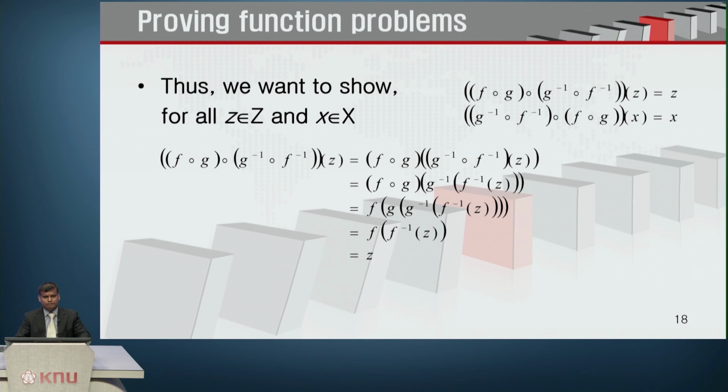With these properties, you can see how the step-by-step activities are going on here. Initially you come up with this composition where you are bringing in f inverse of z, and then you are taking again the composition with g inverse of f inverse, and you know that g and g inverse are gone, so you have f times f inverse of z, and again f and f inverse are gone, finally you have z.